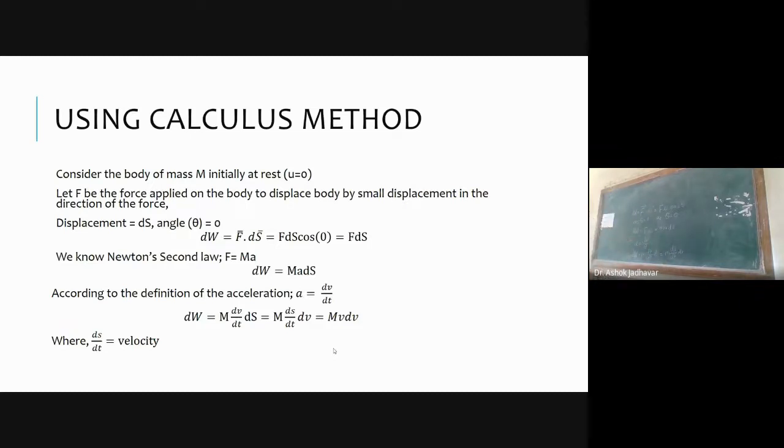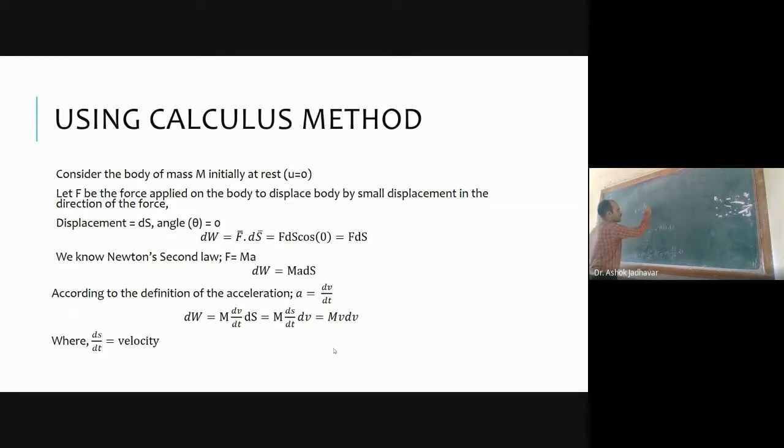And if I look at the definition of velocity, velocity can be written as v is equal to ds by dt.